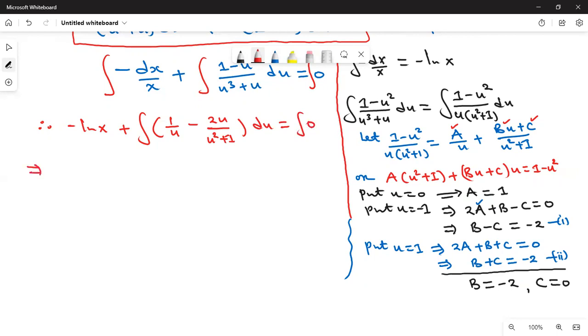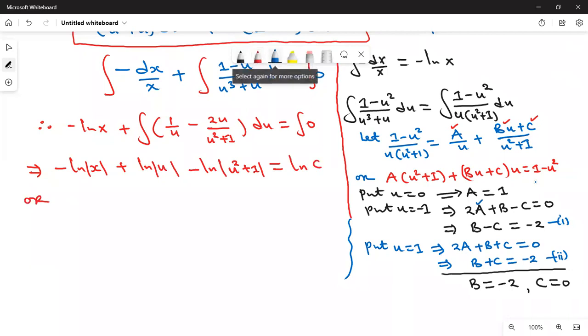So this means that negative ln x plus ln u minus ln of u squared plus 1 is equal to, everything is log on the left hand side, so even the right hand side, let's call it ln c. Then you apply the laws of logarithms to combine this.